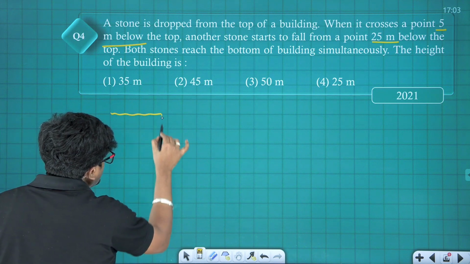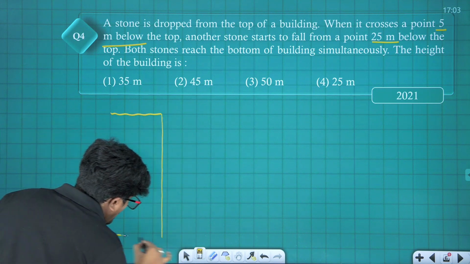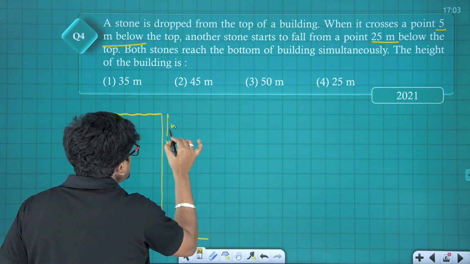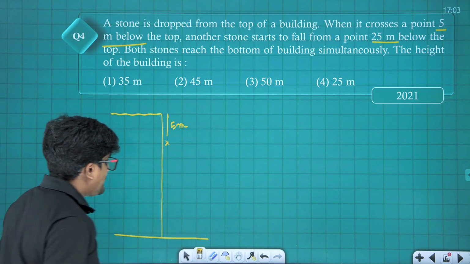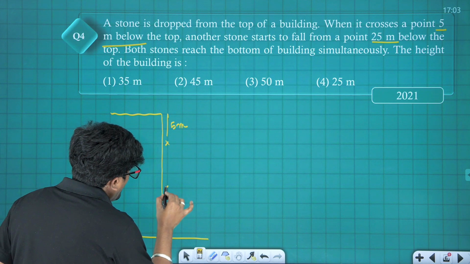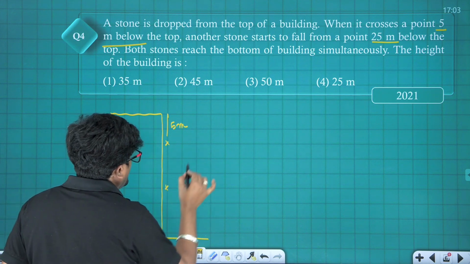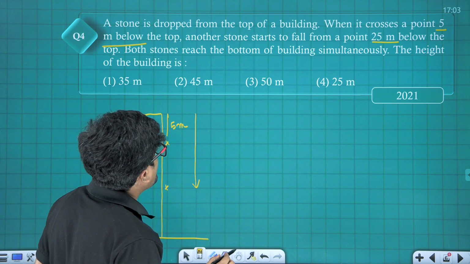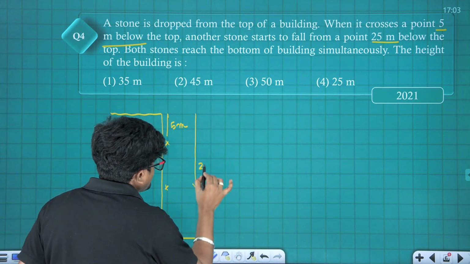Let this be the building, and let this be that point which is just 5 meters below, and let this be that point which is 25 meters below, I believe. As per the question, yes, 25 meters below.